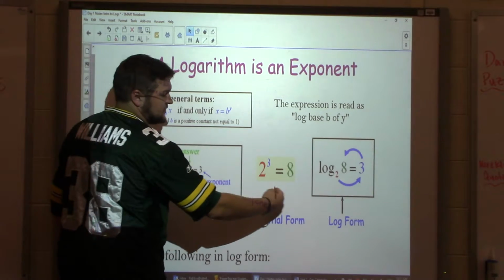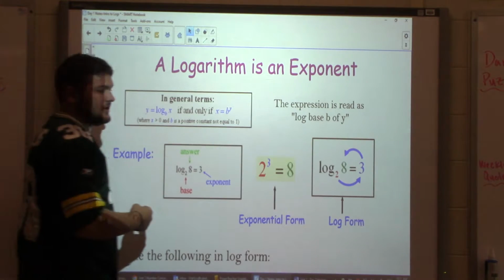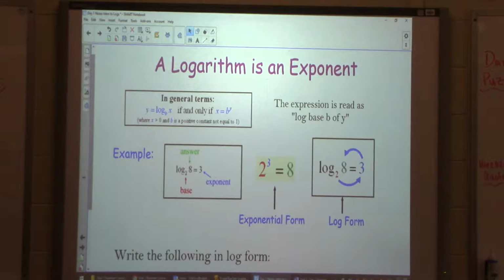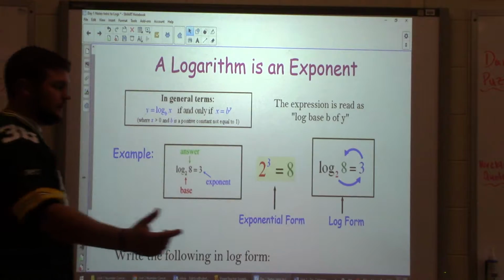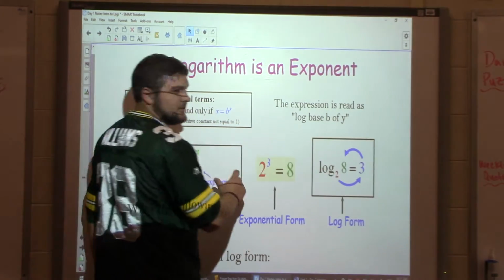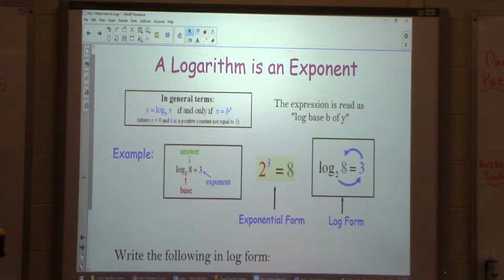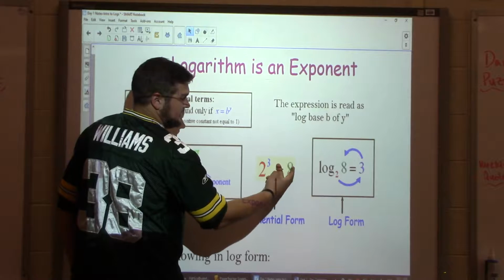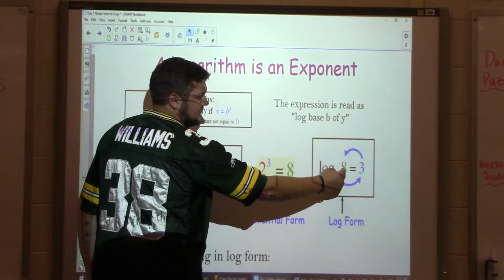So if we start in exponential form, 2 to the third power equals 8. If I want to switch it to log form, the base of my exponent is going to be the base of my log. So the base is always the base, whether it's of an exponent or of a log. And 3 and 8 are going to switch sides of the equal sign. So it becomes log base 2 of 8, right?